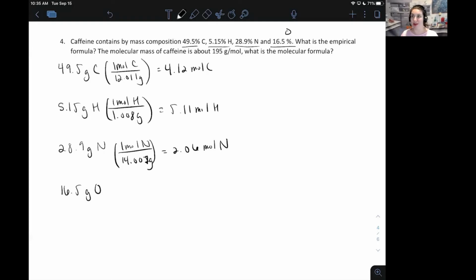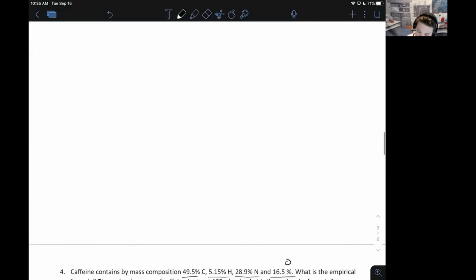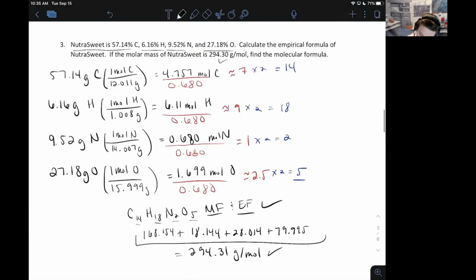We do not want to round until the end when we're figuring out our numbers. We want to keep all of our significant figures here so that when we divide everything out, we get more reasonable numbers. If you round a lot, when you do this step up here, the step I have in red, a lot of times that will mess up if you've done a lot of rounding.